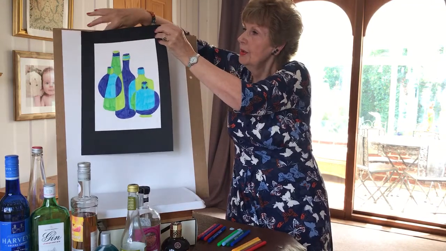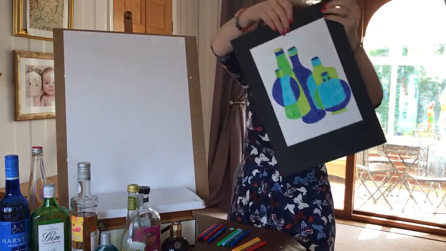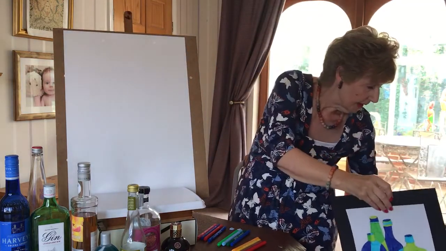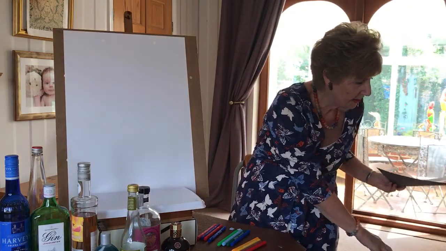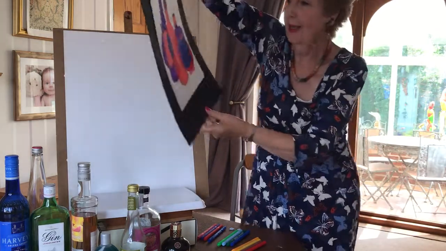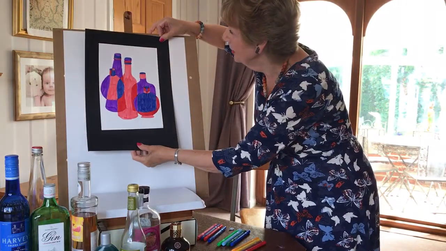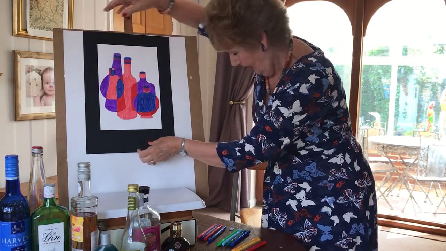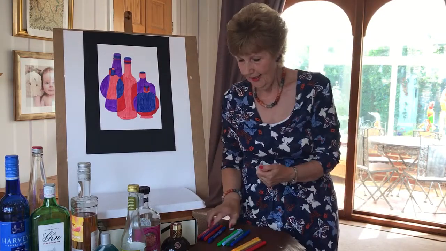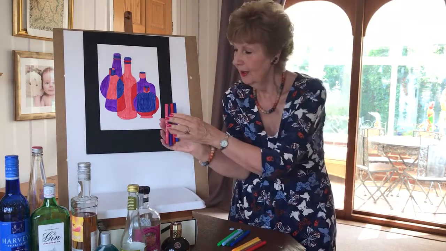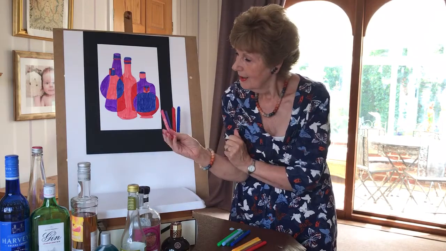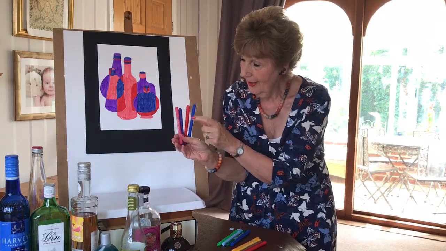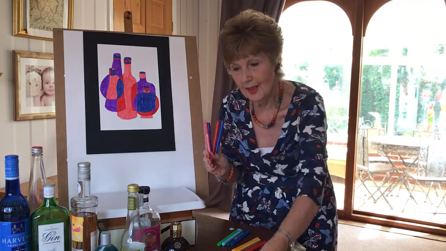So you can choose today any range of colours that you would like. I've chosen quite a different one there, where we've got purples and pinks and reds and blues, and again a family of colours. So you can see that they are harmonious, can't you?